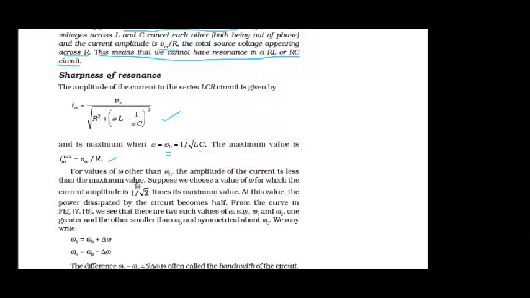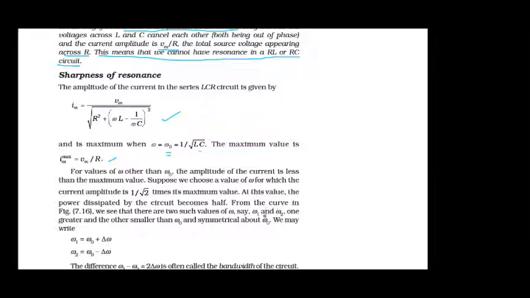For a value of omega other than omega naught, the amplitude of the current is less than the maximum value. Suppose we choose a value of omega for which the current amplitude is 1 by root 2 times its maximum value. At this value, the power dissipated by the circuit becomes half.